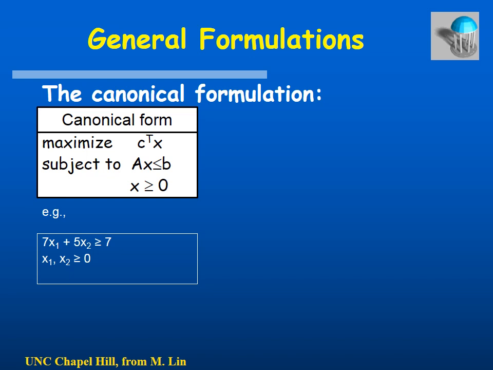And so for some c, we want to optimize c transpose x, for example the weights 7, 5, subject to a constraint that is greater than or equal to 7. Let's say we're given that, and x1 and x2 are greater than or equal to 0, and somehow we really want it to be in the form where something is less than or equal to 7, so that we can work with this canonical form.